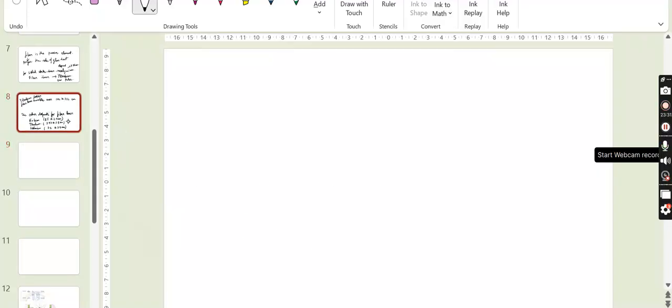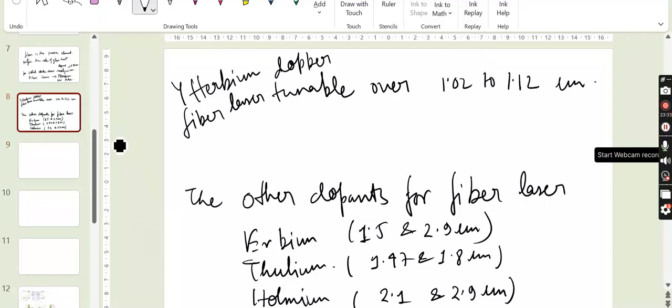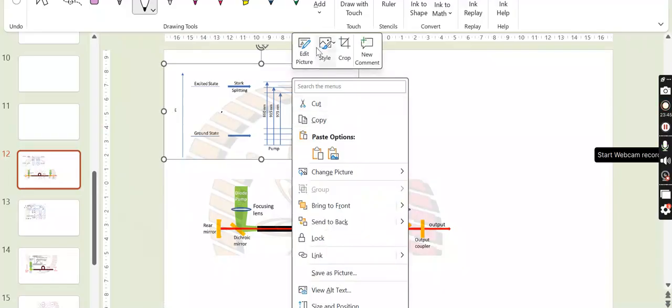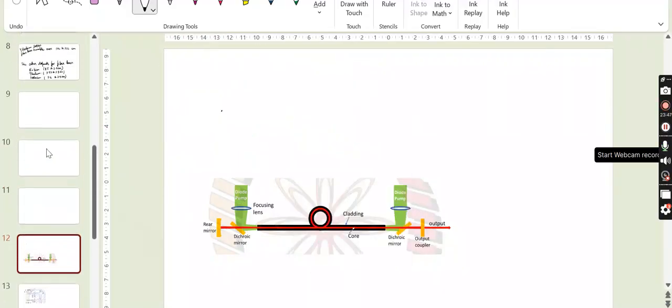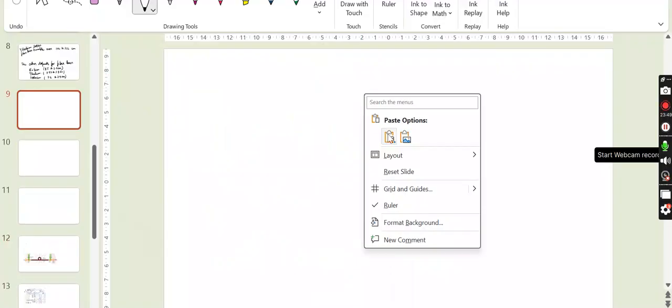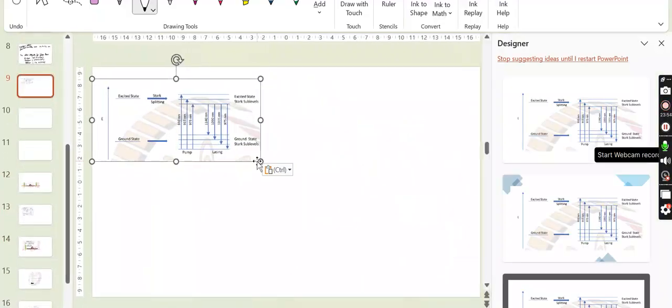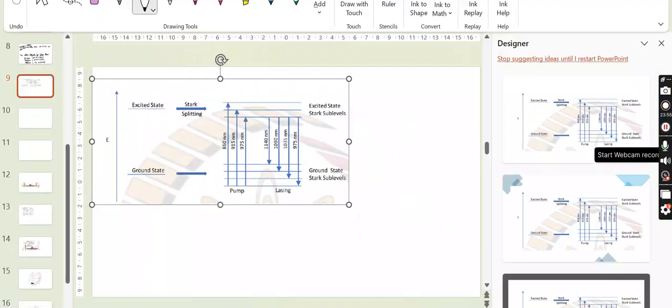So all these dopants, erbium, thulium, holmium, and ytterbium, have the same kind of electronic structure, and they are similar. But we know that ytterbium is being used mostly as a dopant in fiber lasers, so we will discuss that first.